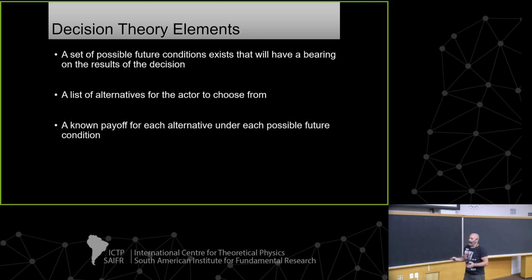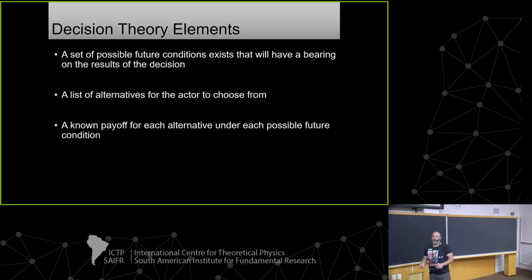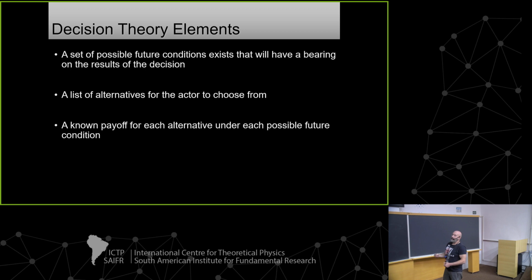So I have to make a decision because after taking the decision, there will be a result. There will be a consequence because of me taking the decision. But to be able to take the decision, I need to anticipate what will happen once I have taken the decision. So this is the set of possible future conditions that will exist once I take the decision.